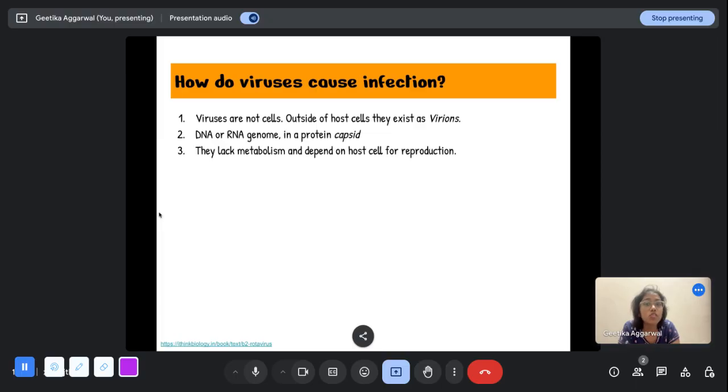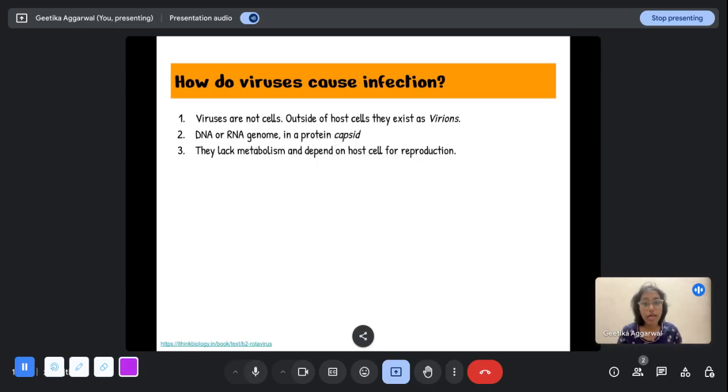So again, viruses are a type of organism that falls on the boundary of living or non-living. You should take some time to think about it. Would you consider viruses as living or non-living? Because if you keep them out in the open on their own, they cannot multiply, and they mostly just have a genome and a protein shell. They don't even have metabolism, but they can cause infections.